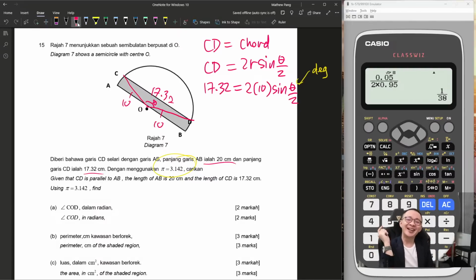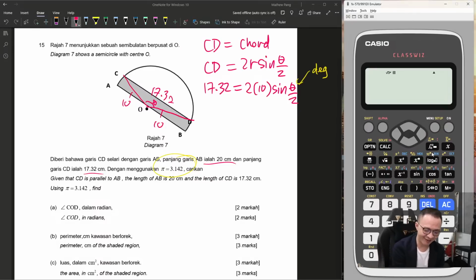SPM teachers, any examiner, if you can, please help me to update the SPM syllabus. Use the calculator, change to radian and solve this. Don't keep wanting students to use the slower and troublesome way to get theta. If you are a teacher watching this, help me to give feedback to your SPM Add Math exam board. Oh my god, I just cannot tolerate this. But let's follow for now.